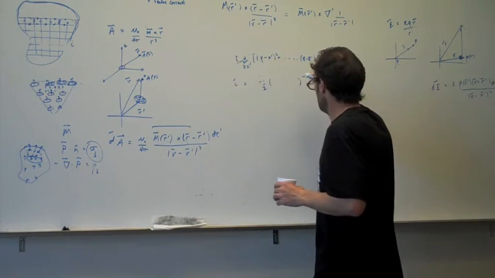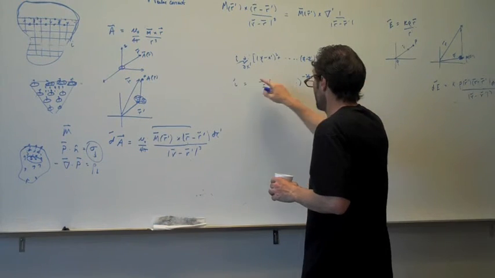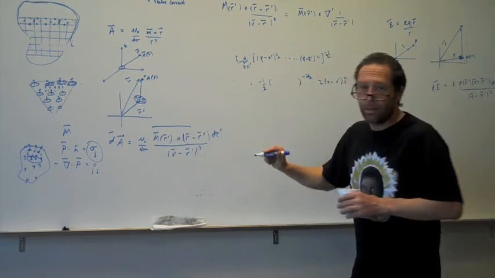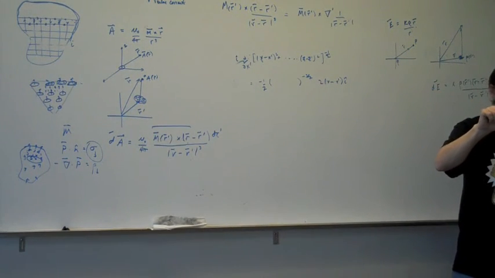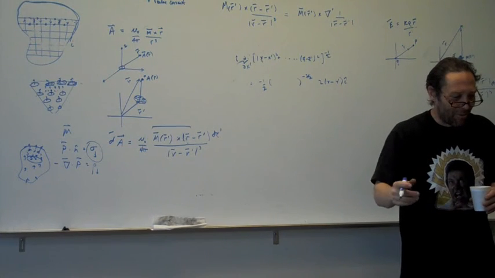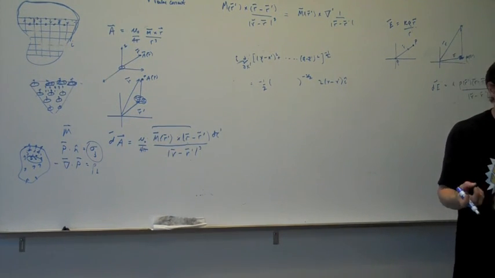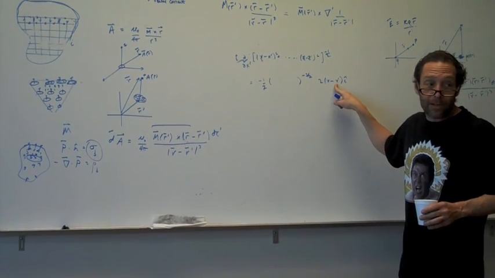Then I'll get 2 times x minus x prime i hat. But then, I'm taking the derivative with respect to the prime, so you take the derivative with respect to x prime.